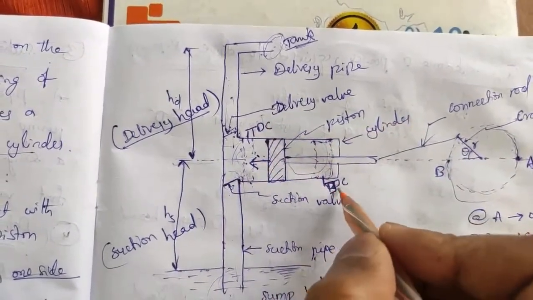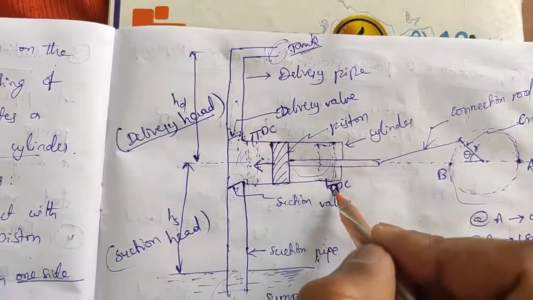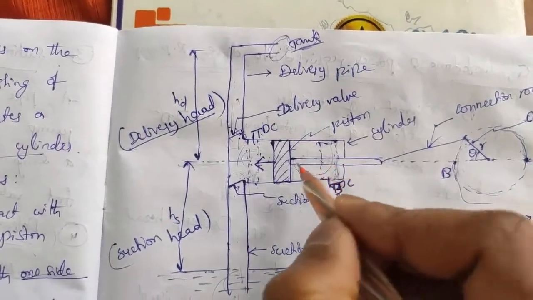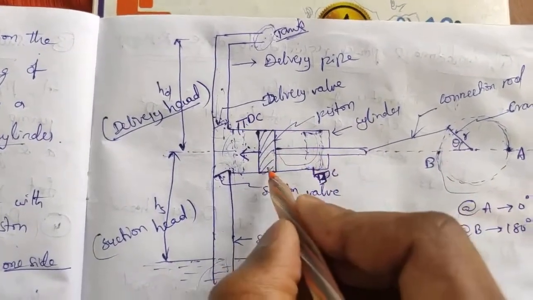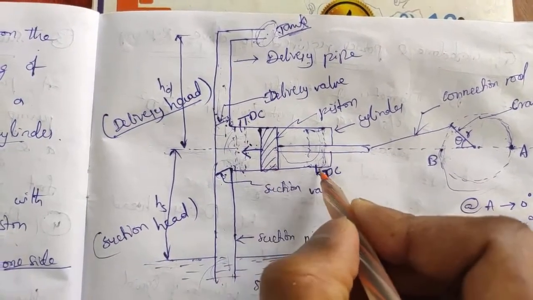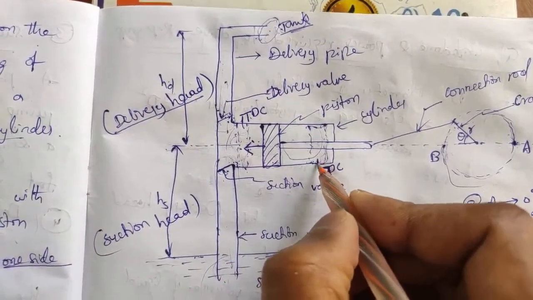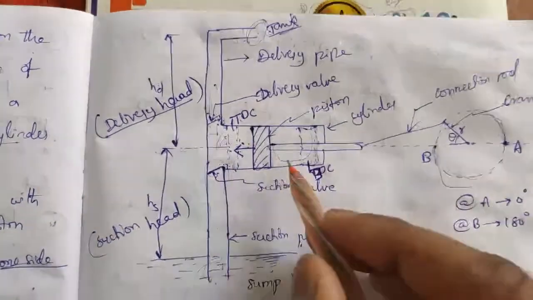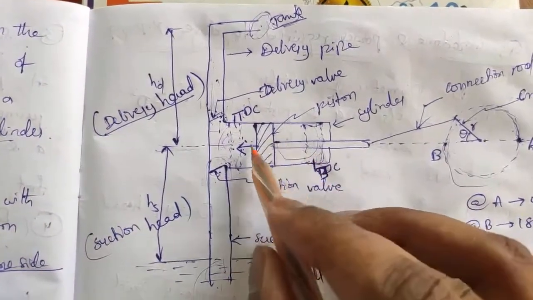So the distance between top dead center and bottom dead center gives the length of stroke, that means the piston moves from low level to high level.